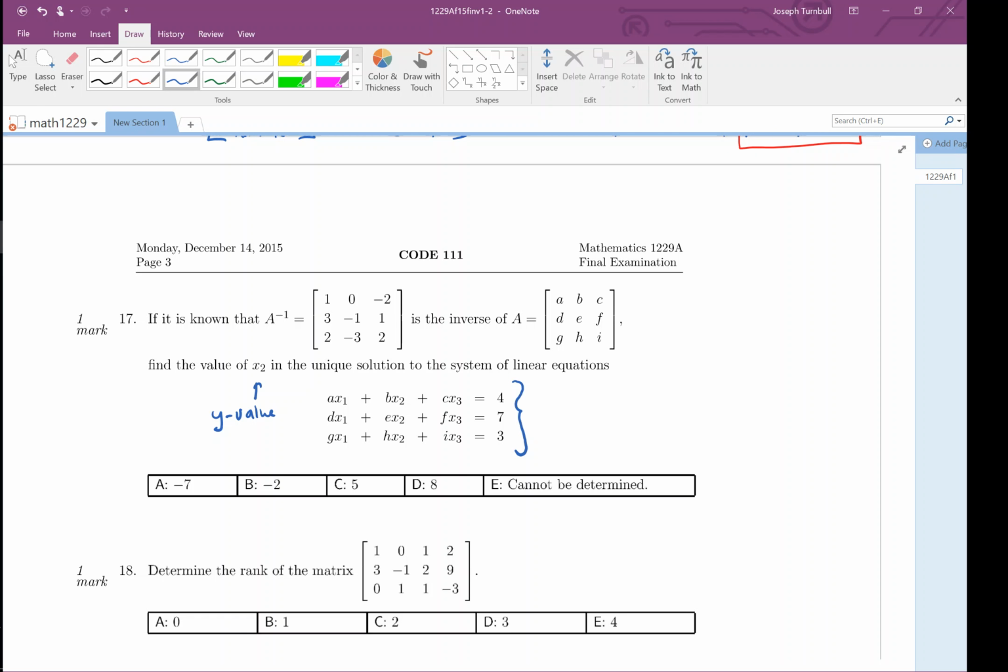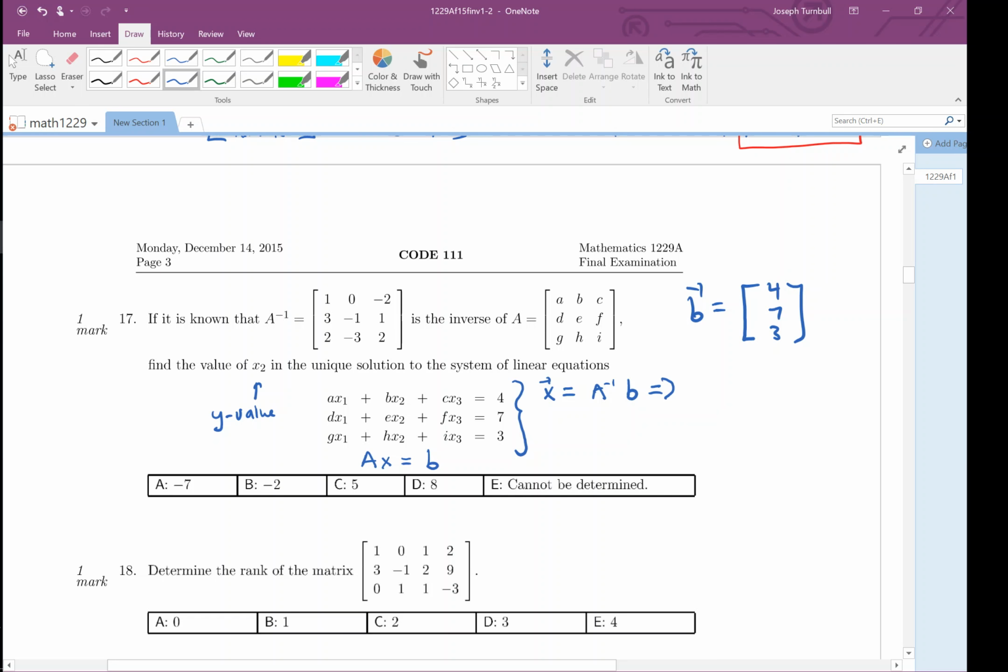Because if you find the inverse, then your solution, x, to your system of linear equations is x is equal to A inverse times b. This system of equations you could rewrite as Ax is equal to b, where b is 4, 7, 3, the right-hand column. Okay.